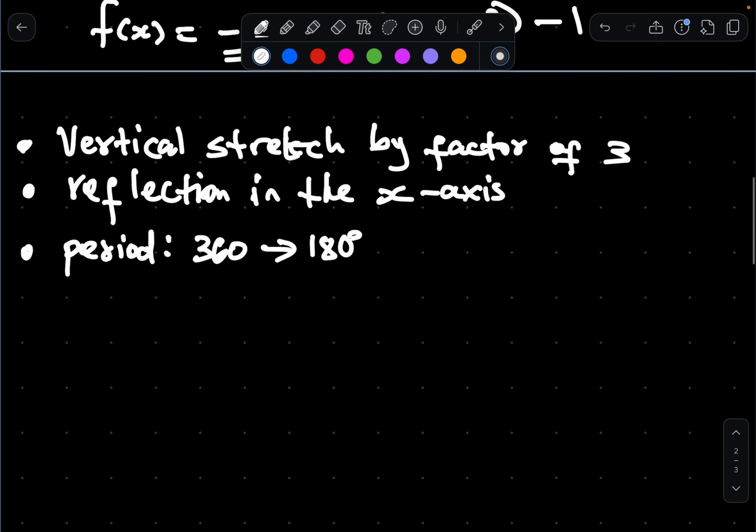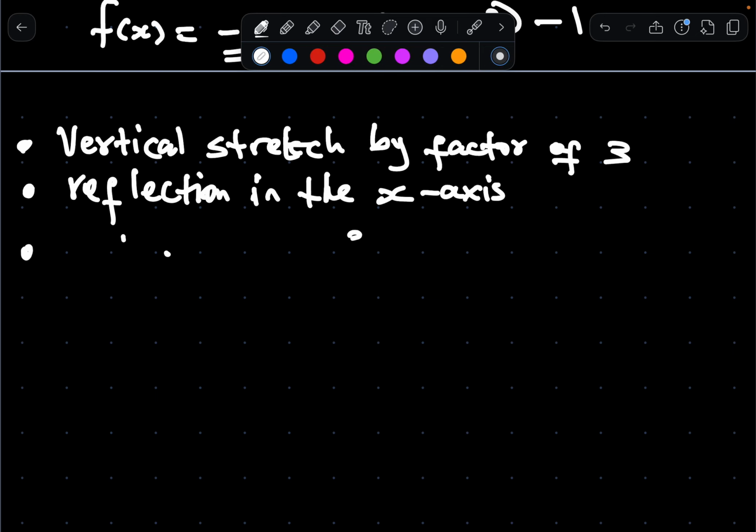So we can see there was a compression there. Because the period got smaller, if the period gets smaller, you always say horizontal compression.